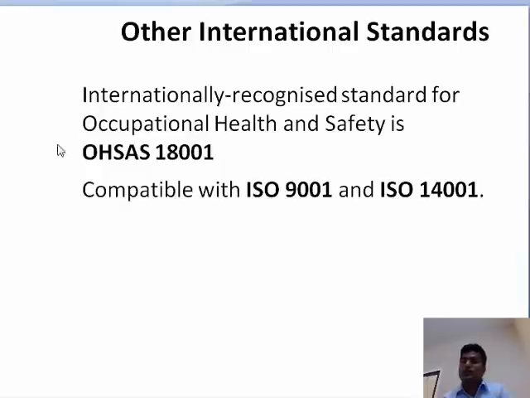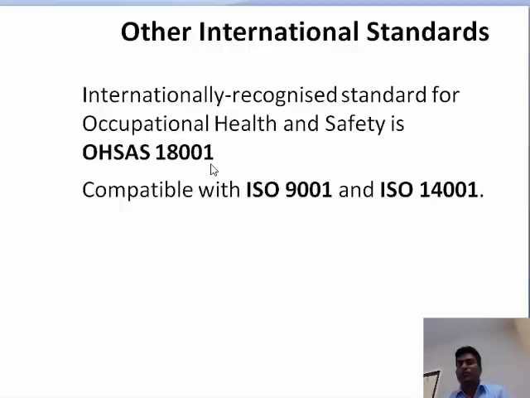And also other internationally recognized standards for occupational health and safety, you also know about OHSAS 18001. This is also a certification given to the company. It also ensures health and safety at the workplace. If you want to take the certificate of OHSAS 18001 for your company, then you have to apply all the rules of OHSAS 18001 at your workplace. Then this will certify your company.